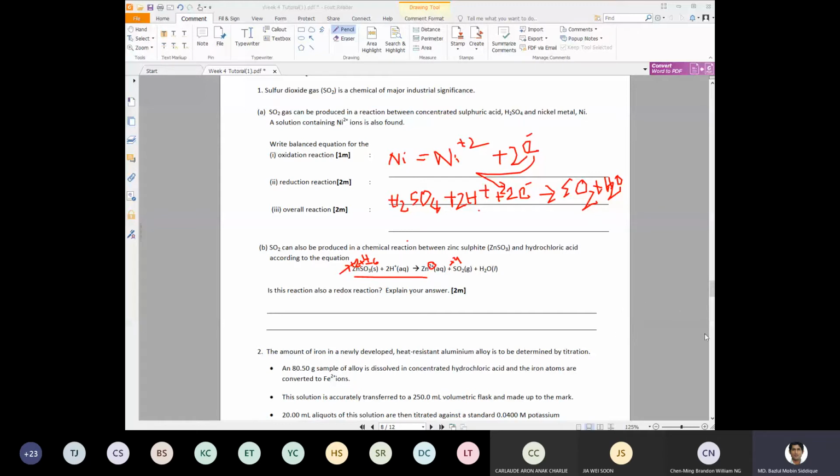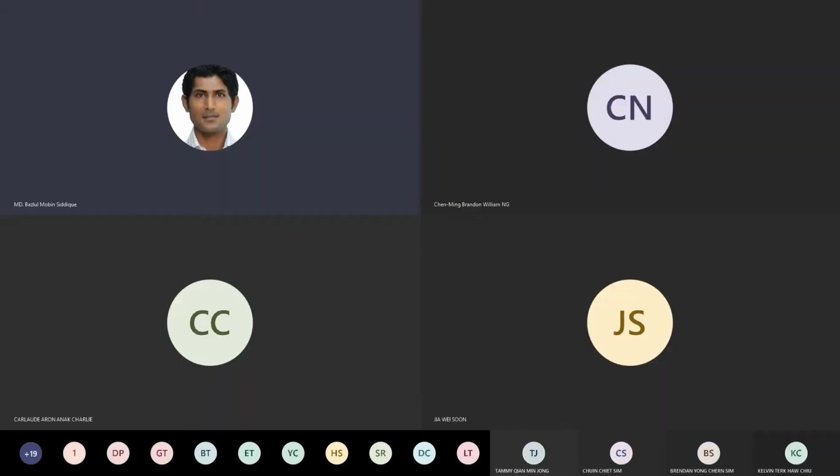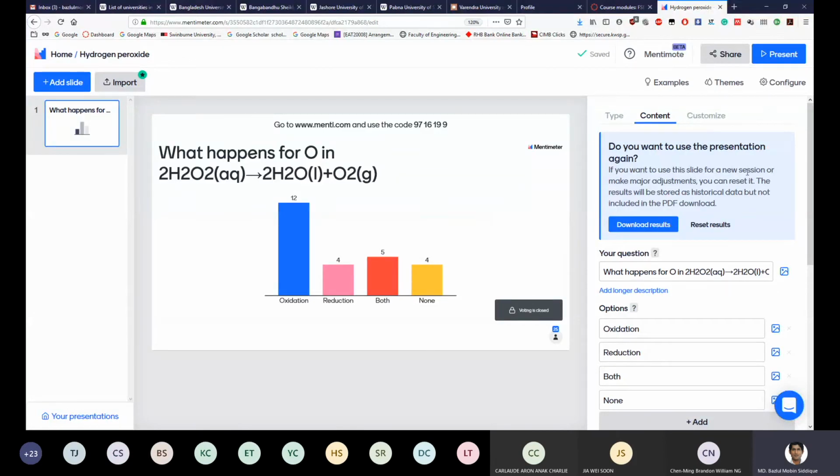Okay, explain again about the Menti question. All right, I'm going to the Menti question. Okay, so let me share the screen. This is the Menti, and I hope that you can see here.